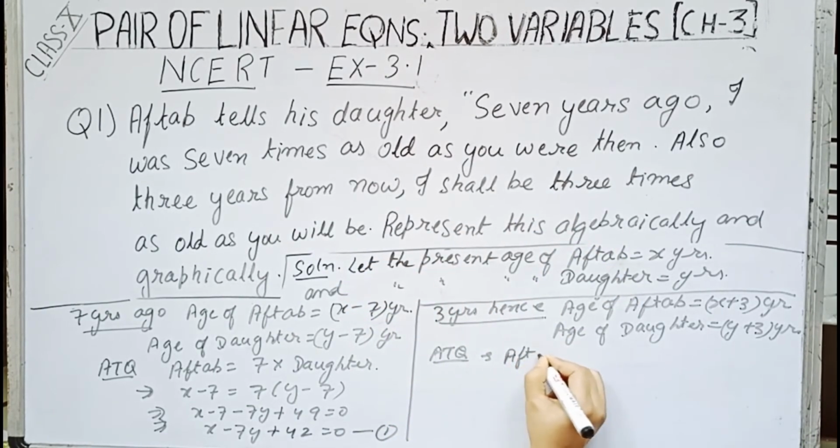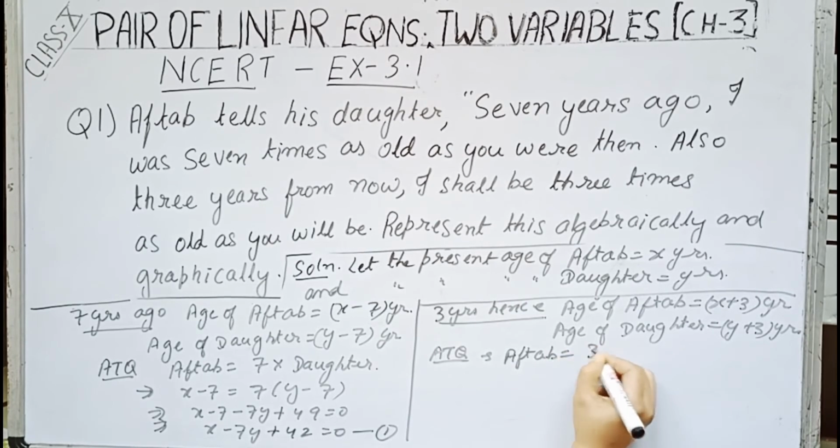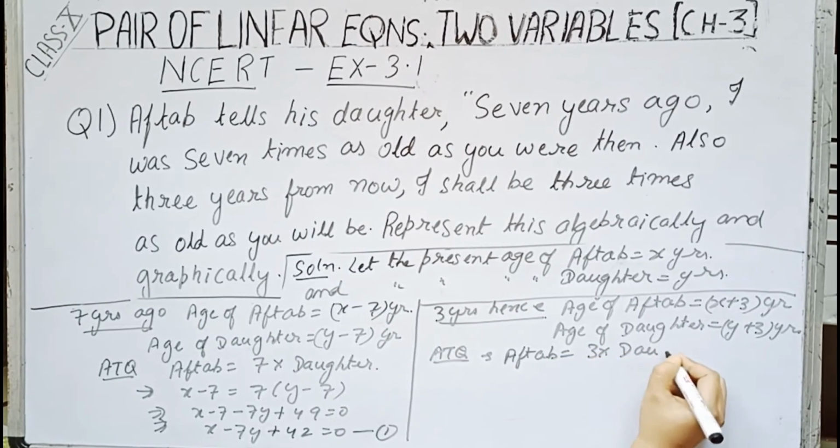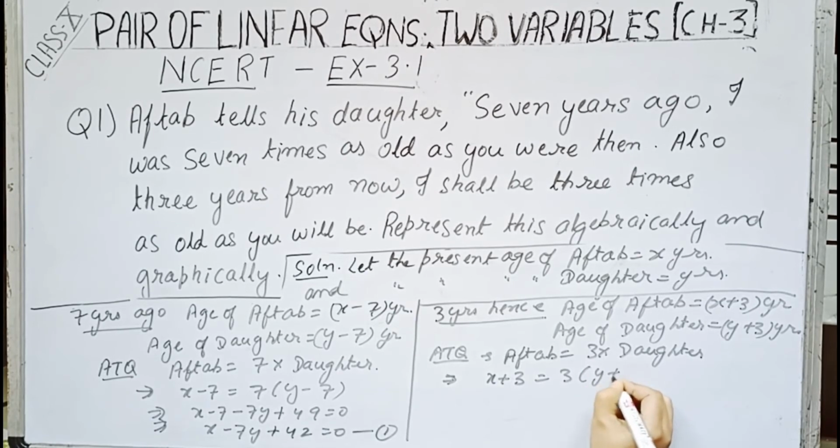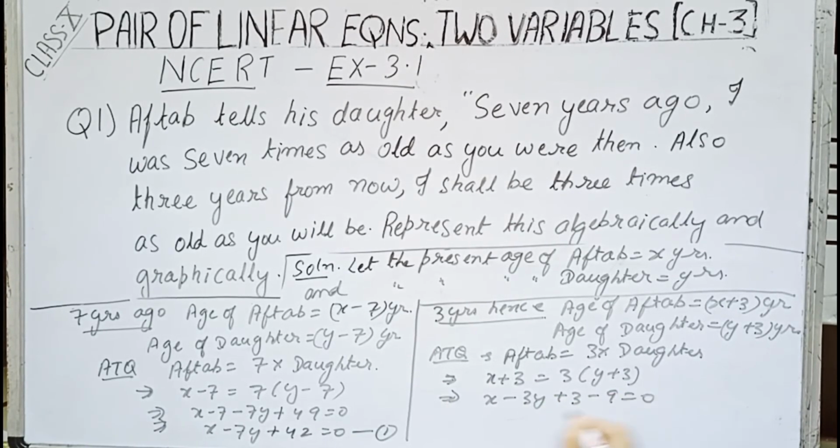So Aftab equals 3 into the daughter. We can write x plus 3 equals 3 times (y plus 3). This implies x minus 3y plus 3 minus 9 equals 0. This implies x minus 3y minus 6 equals 0.